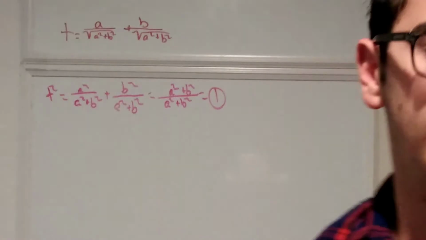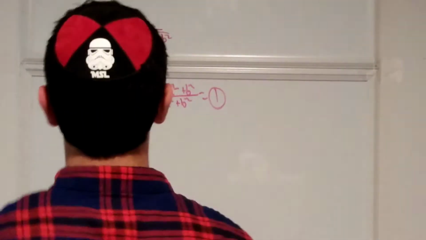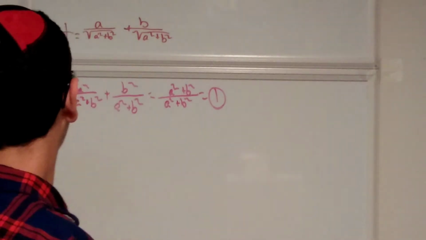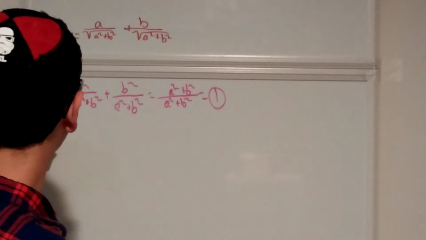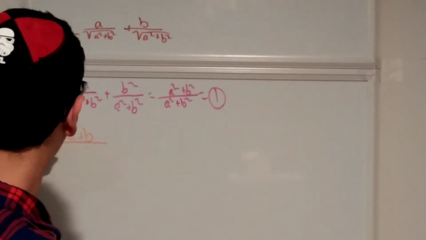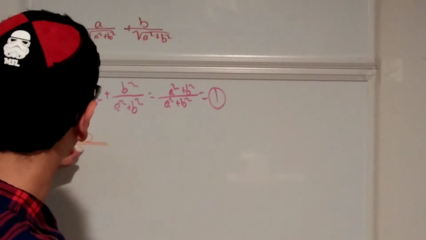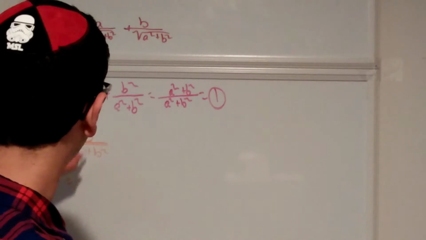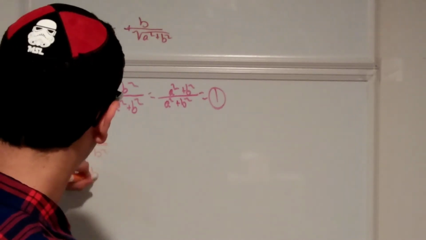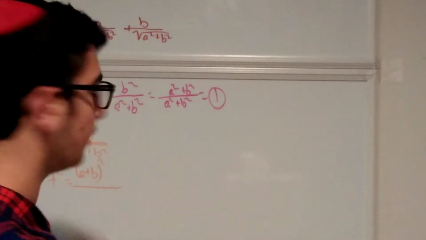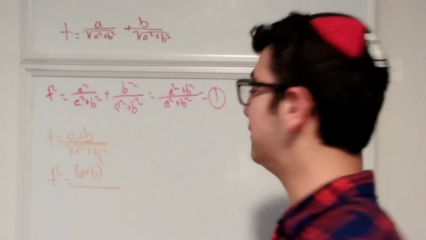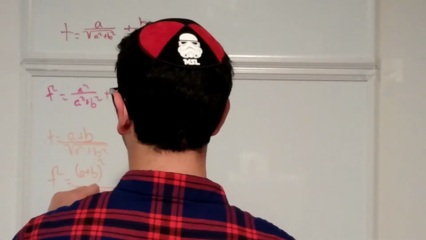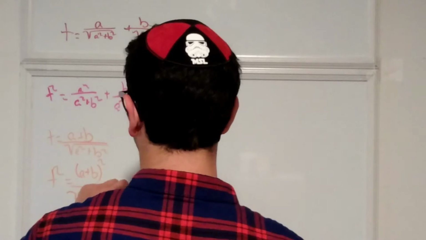One solution like that. Now, before we square t, we could also combine the a and the b, so we get t is equal to a plus b over the square root of a squared plus b squared. And so now when you square everything, you are left with a plus b quantity squared, because that's what you do when you square it, over the square root of a squared plus b squared, and then squared, so those all cancel out.